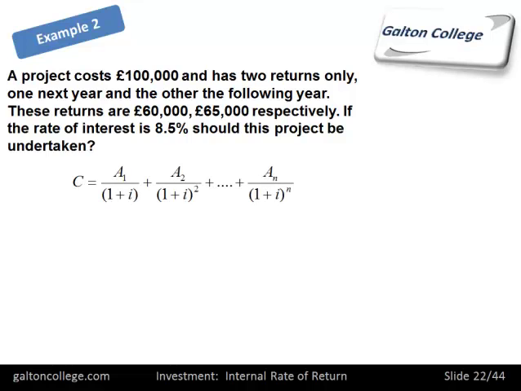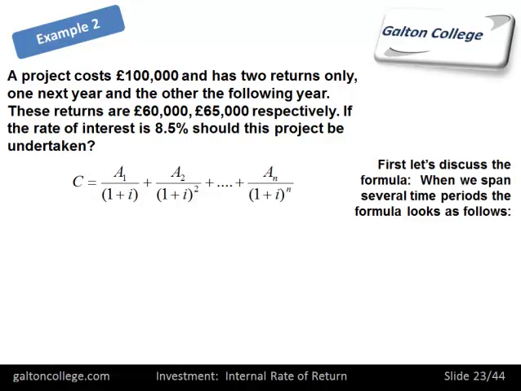Back to the formula, which is there. Here in this case I've extended the formula, so with the first time period, the second time period, plus plus plus plus, and the nth time period, some time period in the future. In this case we've only got two time periods in our question, so we'll be cutting it off at A2.